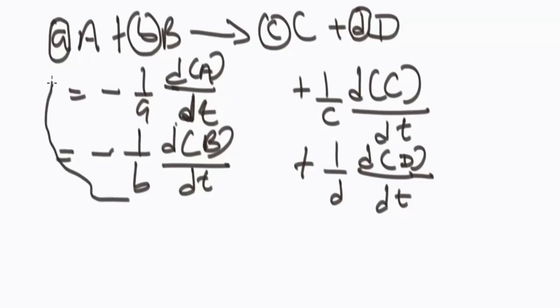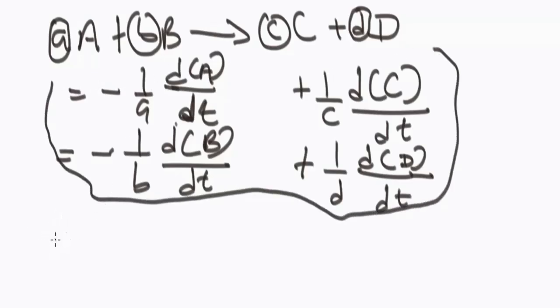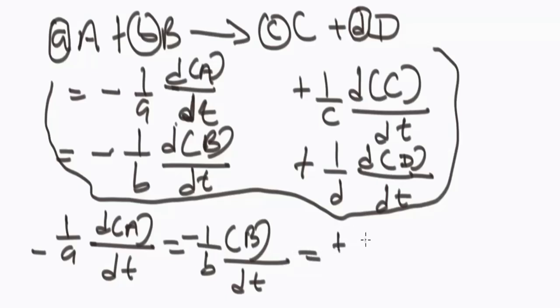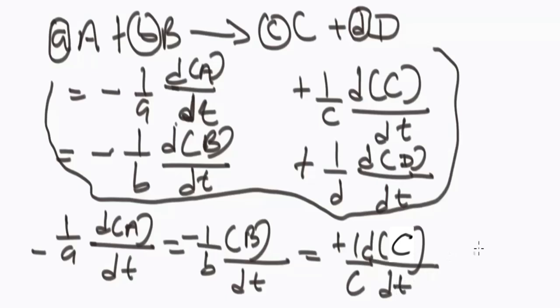So with this expression we have here, it is saying that the disappearance of reactant A with time equals the disappearance of reactant B with respect to time, which is also equal to the appearance of product C with change in time, which is also equal to the appearance of product D with respect to time.